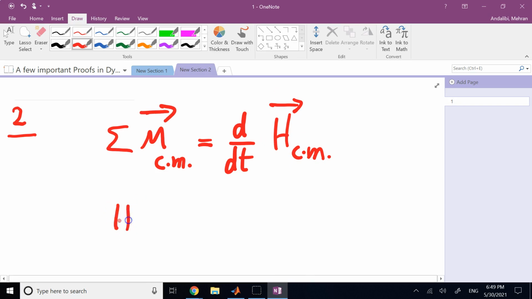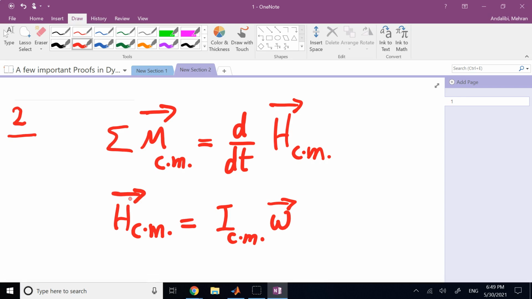I say h about the centroid can be written as I about the centroid times omega. And so if I plug it here, then I will get omega cross I omega plus I times alpha.